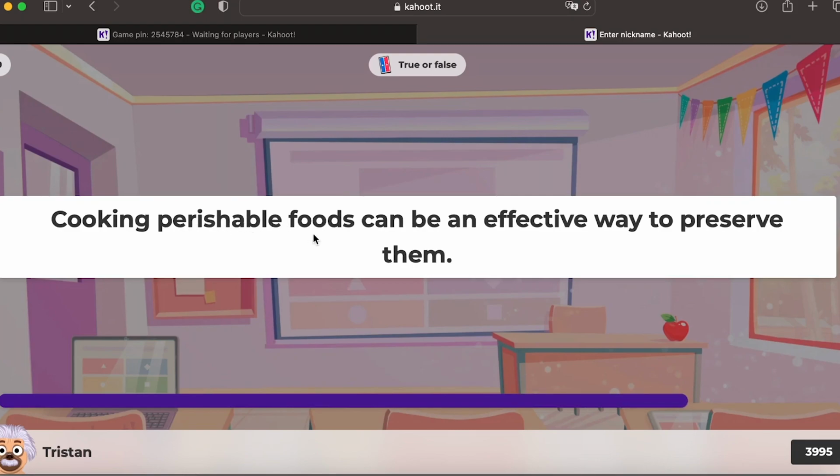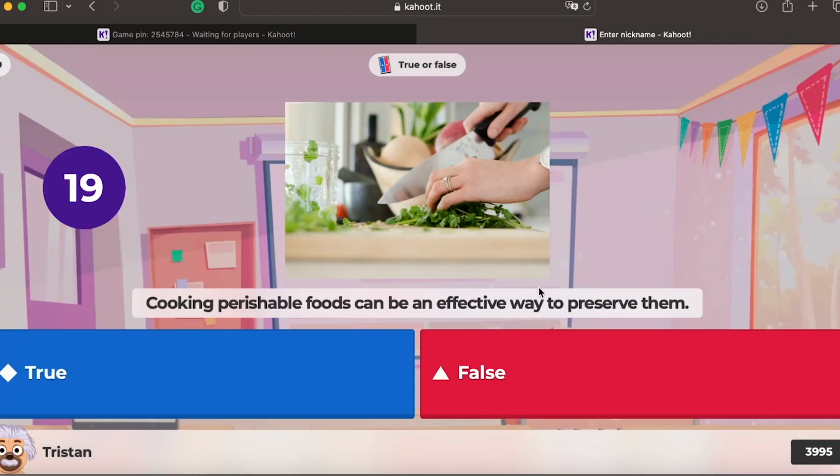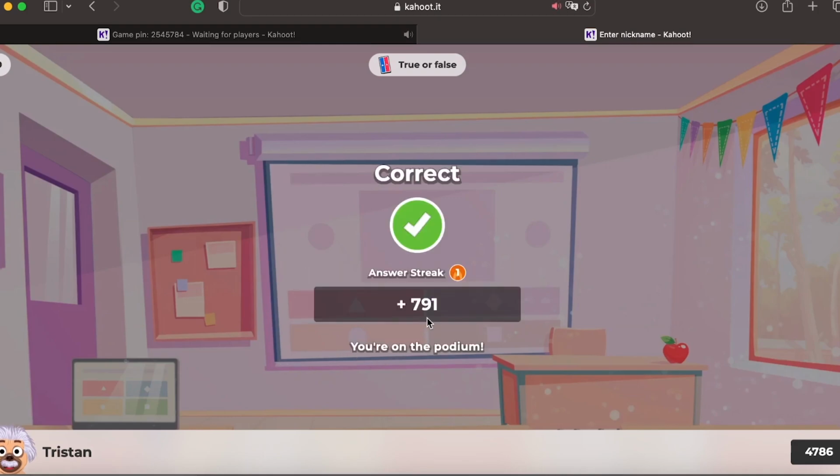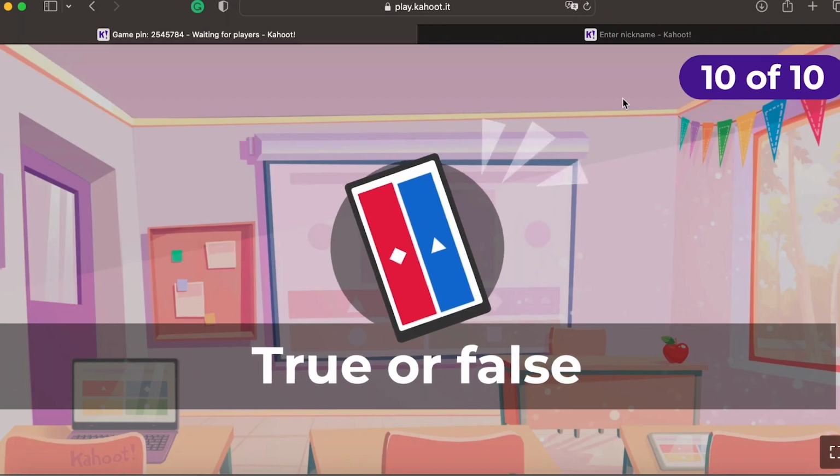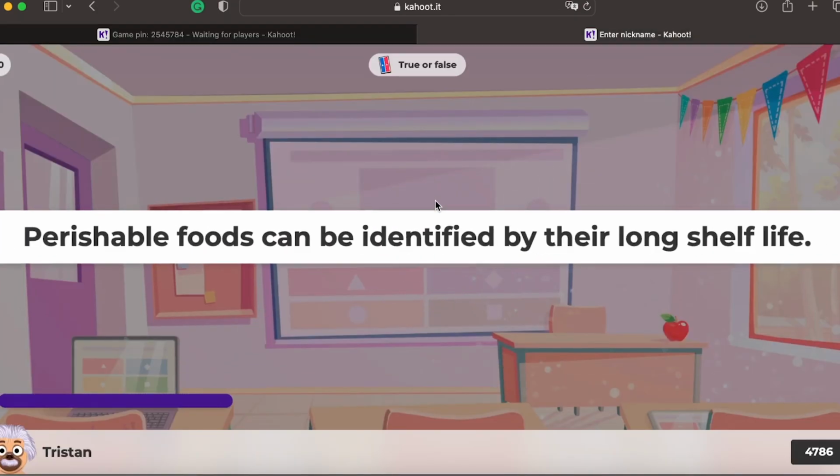Cooking perishable foods can be an effective way to preserve them. Yeah, cooking, of course. Final.